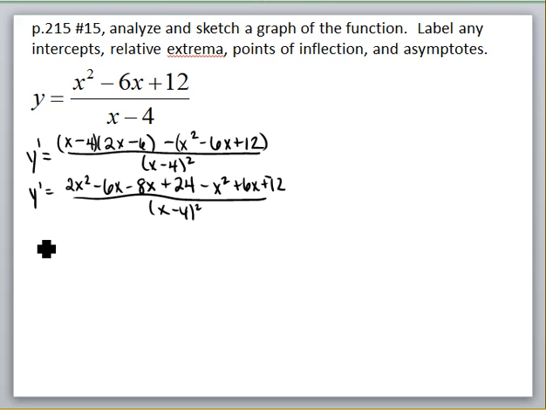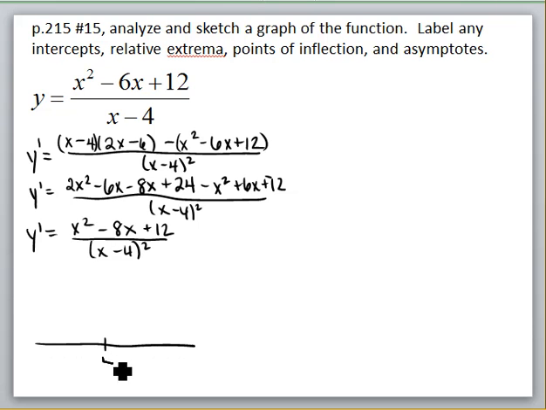What that ends up giving me on the top then is, once I combine stuff, I have an x squared, I have negative 14x, and a positive 6x, so it's negative 8x, and a positive 12. On the bottom, I would have critical numbers of 4, and on the top, I will have to solve.